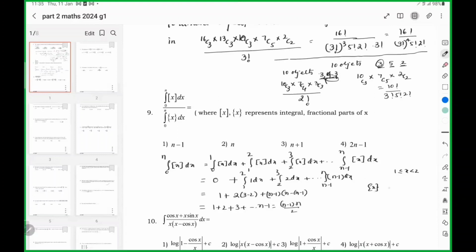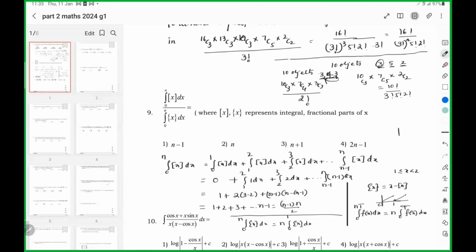Whereas the fractional part of x is a periodic function with period 1. In case of periodic functions, if t is the period, the integral of f(x) dx we write as n times the integral from 0 to t of f(x) dx. Based on this, 0 to n, I can write n times 0 to 1 of the fractional part of x dx.